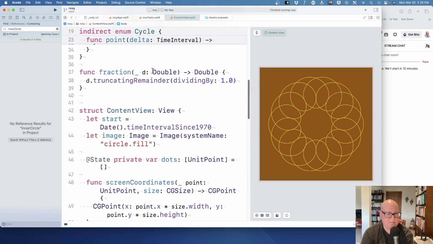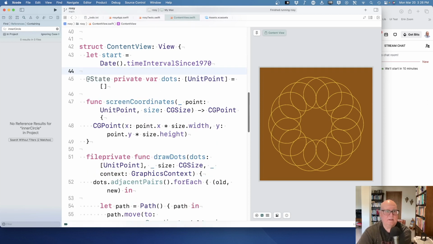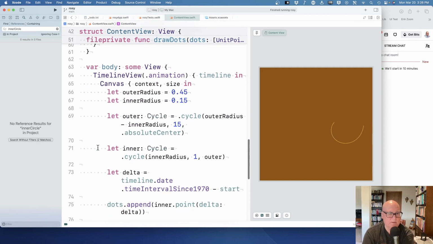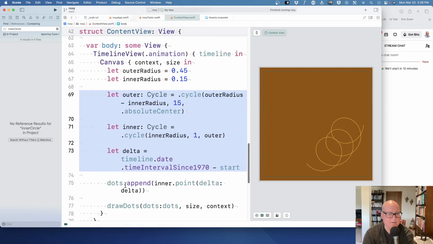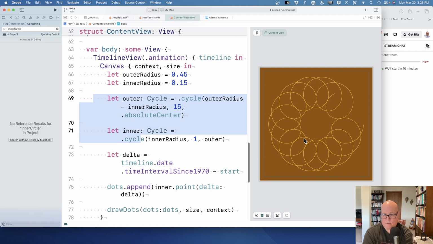Let's see. What can I do? I don't need this anymore. All right. But notice nothing in the loop cares about this. All this stuff is set up. Actually, these two as well. But that's all set up for this thing.